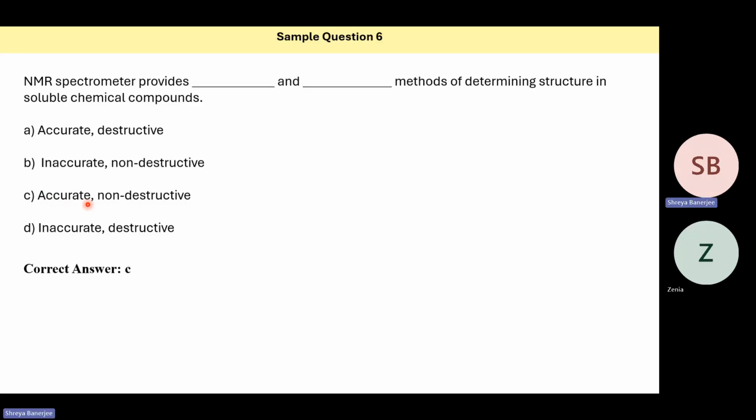NMR spectroscopy is very accurate and it is non-destructive because we have seen that NMR uses radio frequency and radio frequency has very low energy. So I started the class itself by saying that in NMR spectroscopy, the sample is not destroyed. It can be used again and again. So NMR is an accurate and non-destructive method of determining structure in soluble chemical compounds.